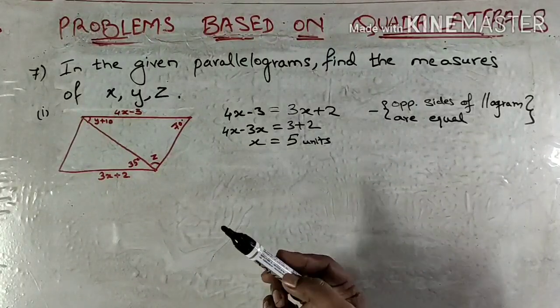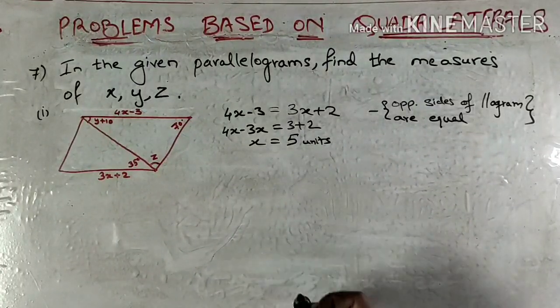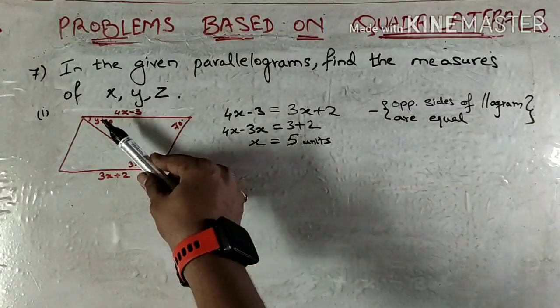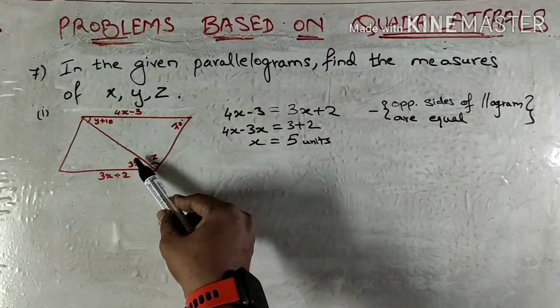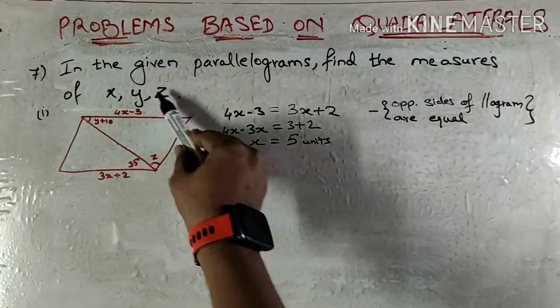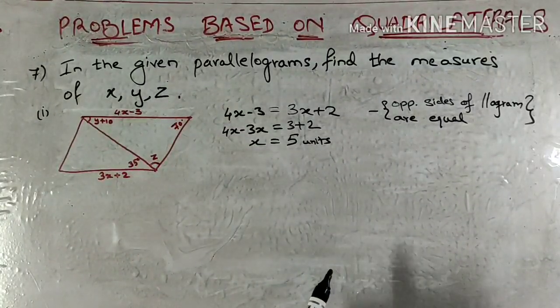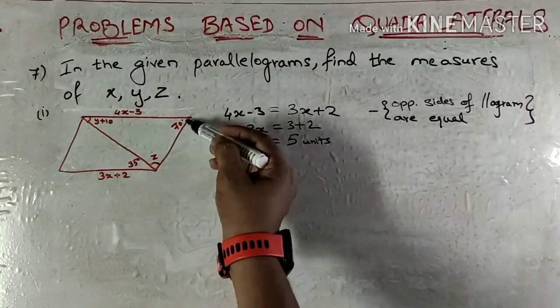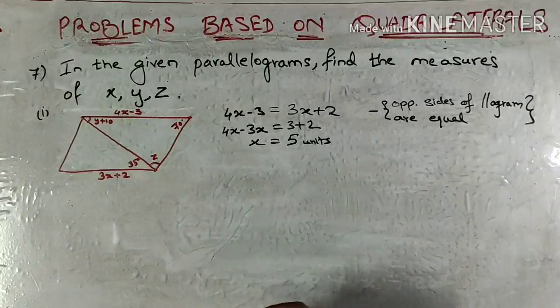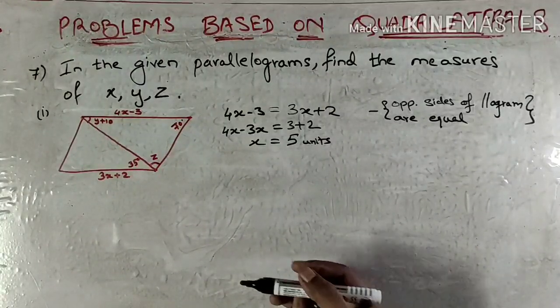Now in this diagram, y plus 10 is given, z is given, 70 and 35. We are just concerned with this portion of the diagram. We know one thing, that the adjacent angles of a parallelogram are supplementary.